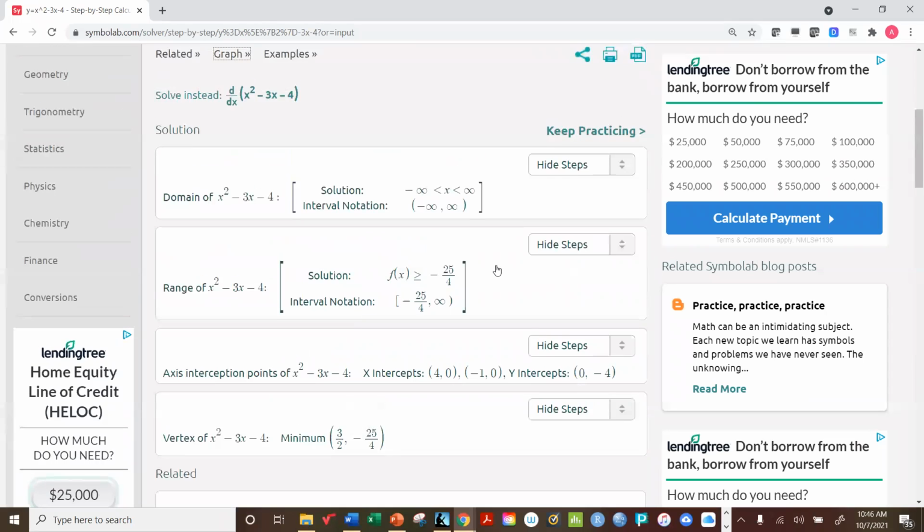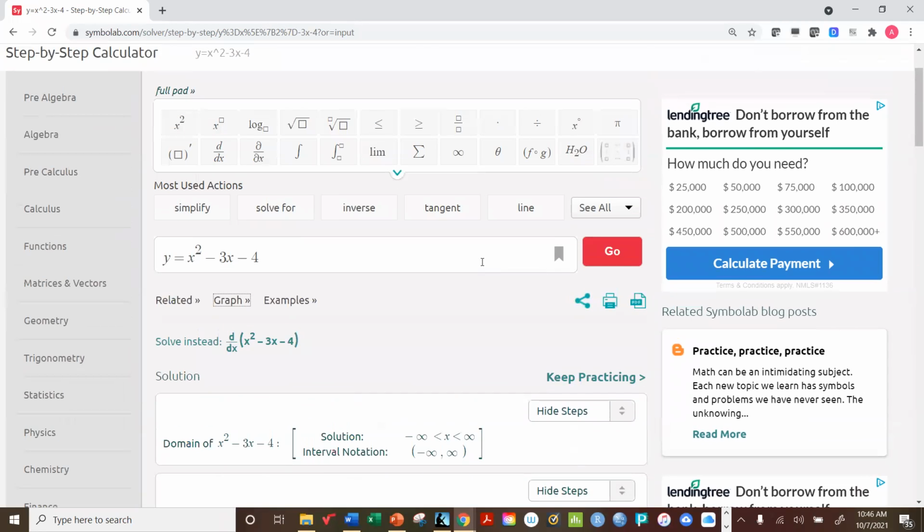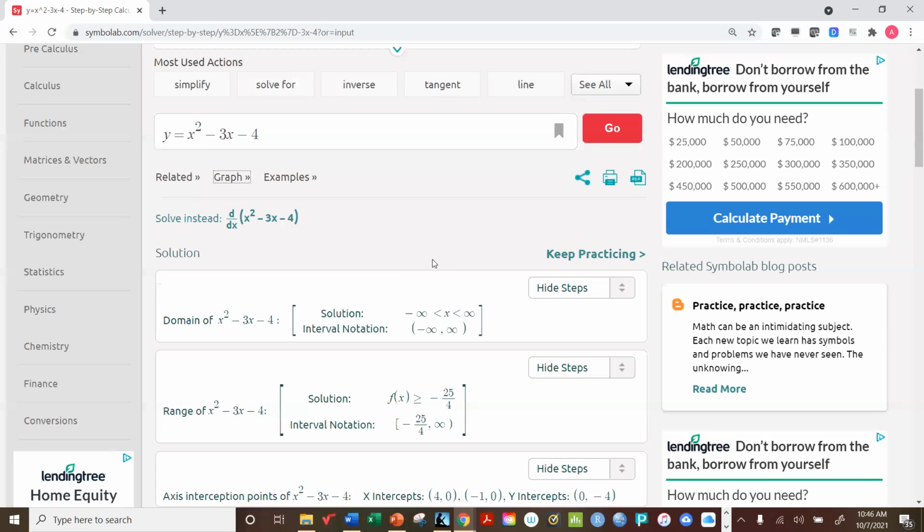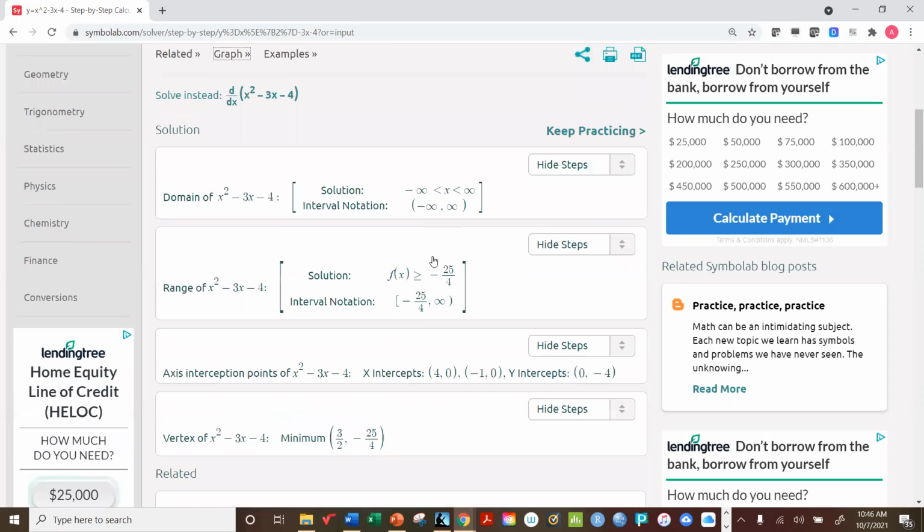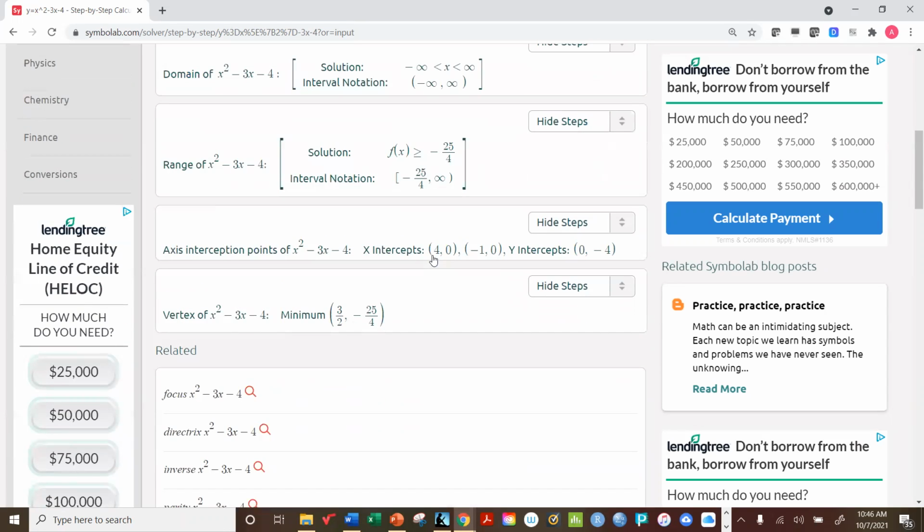Now, I don't know if this thing is capable of doing the factors directly. It's possible. I've never seen that listed here anywhere. Oh, well, here's what it is doing for us. You notice how it says axis interception points of x squared minus 3x minus 4. These are the 2 points that we were interested in. If you notice, the 2 points where y equals 0, those actually are the solutions.